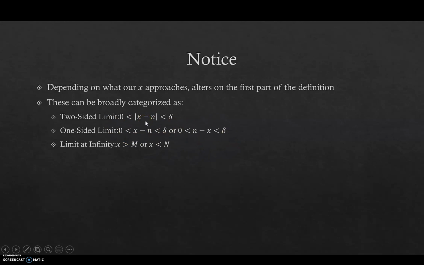Again, there were alternatives if you didn't like the way these are written. And limits at infinity, either x is greater than m if we're talking about positive infinity and m is positive, or x is less than n if we're using n as a negative number. So again, it's important to pay attention to what we're doing. But again, if I'm changing what x approaches, I'm just going to change the first part of that definition.